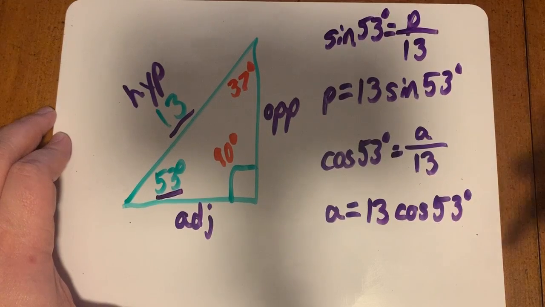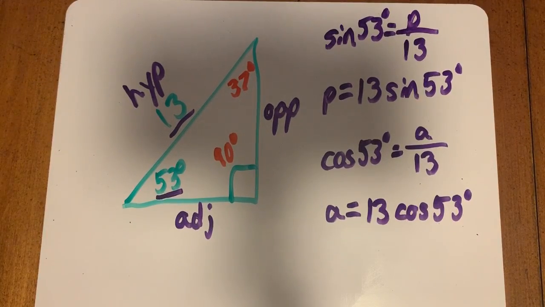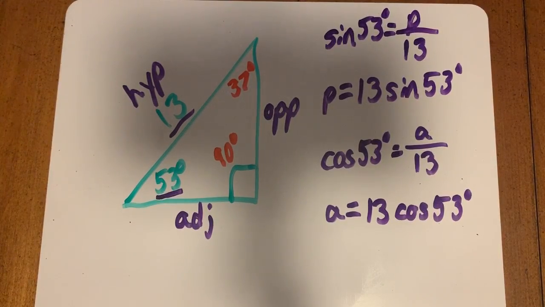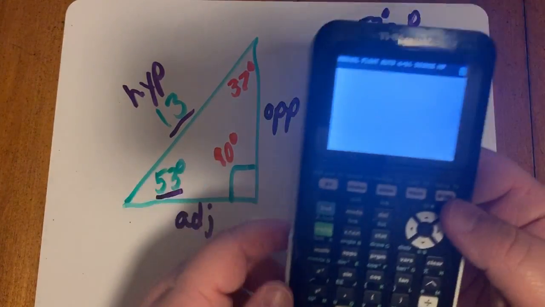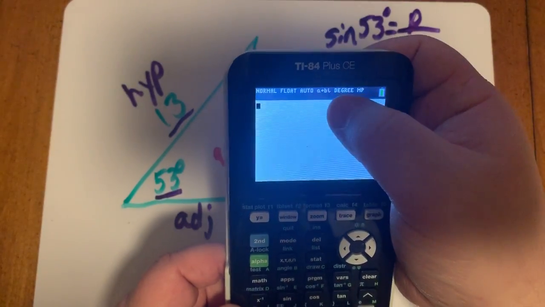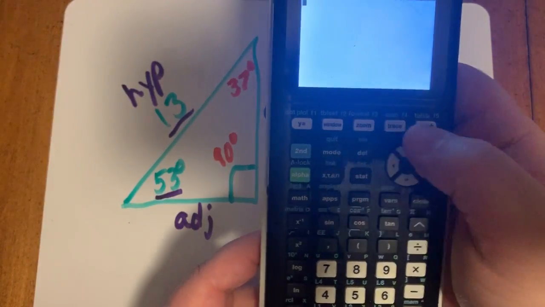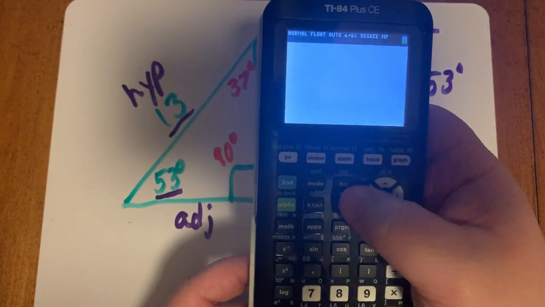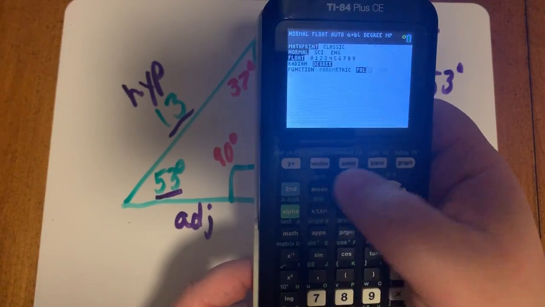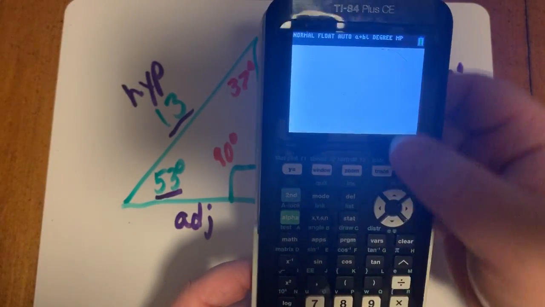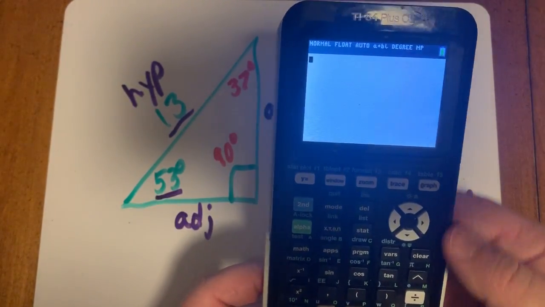I'm not expecting you to know what sine and cosine of 53 degrees are off the top of your head. These are things we're going to need to use our calculator for. So, if you have your calculator, you should be in degree mode. If you don't know how to change the mode, if you have a TI 83 or 84, the mode button is next to the second button, and then you just scroll down, it's either radian or degree. We want to be in degree mode, I already am.